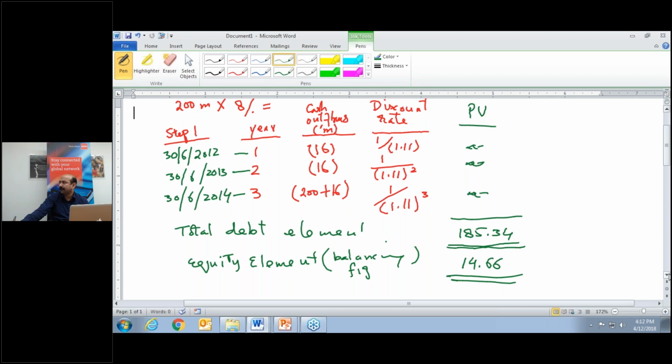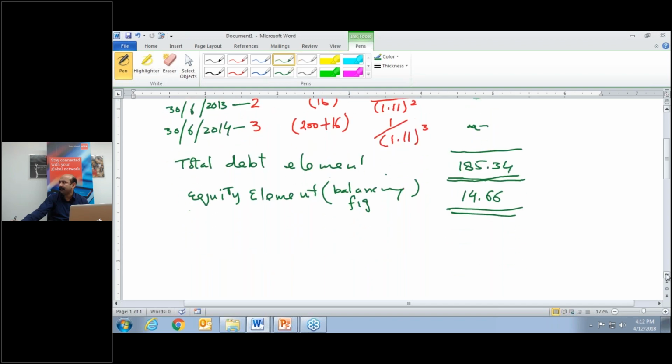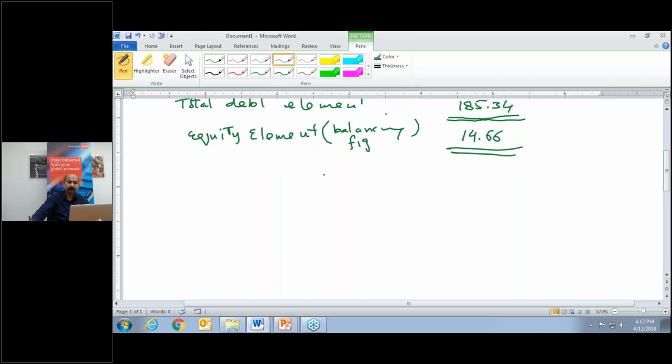Now, before passing the double entry initially, we shall allocate the issue cost to these two elements. For example, here we have the liability element, the debt element, which we calculated as 185.34, and then there is the equity element, 14.66.